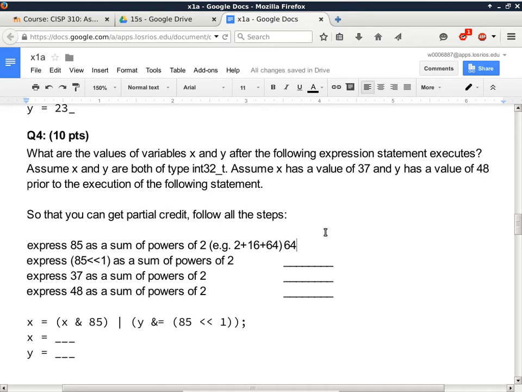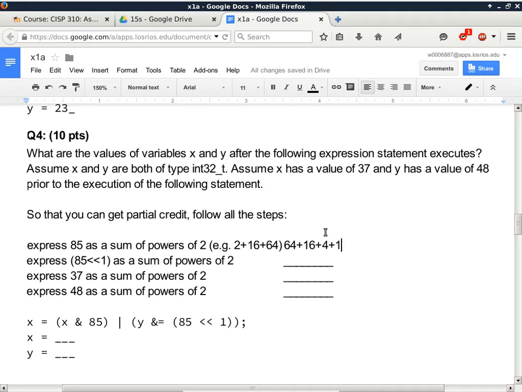Because 64 is less than or equal to 85, and 64 is a power of 2. Does it have a 32 after the 64? No. What else is in it? It has a 16, right? After the 64 and the 16, we have 5 left. 5 includes a 4 and a 1.